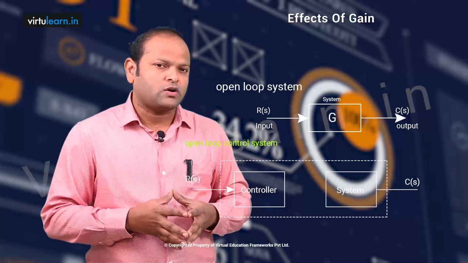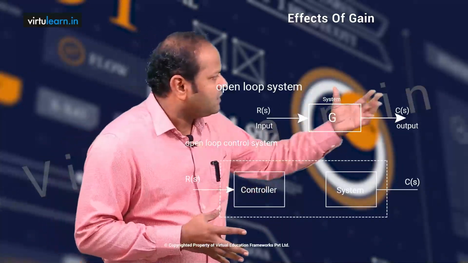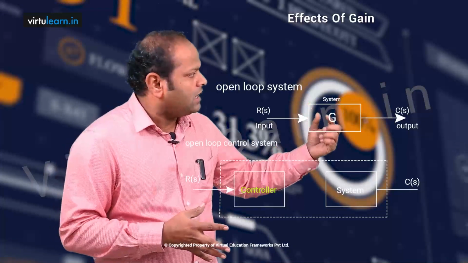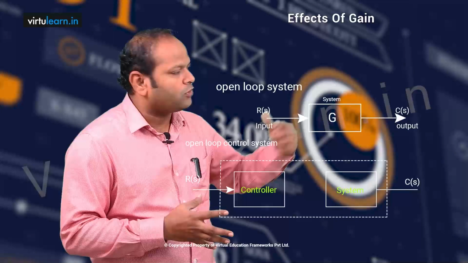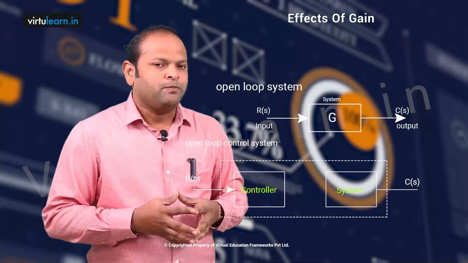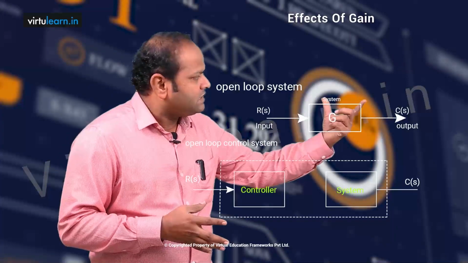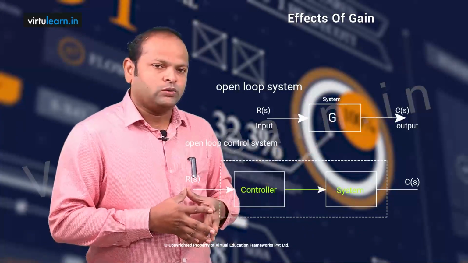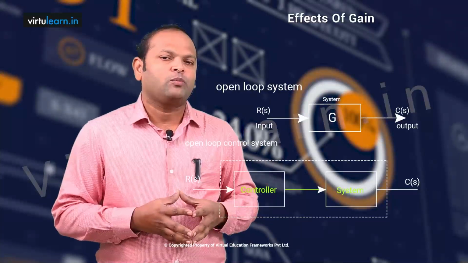When I say open loop control system, the controller is also part of my system. Then look at here. So this is a controller, and after that we have system, and input is given to this controller, and output we are taking from the plant as a system. So for analysis purpose, we can combine these two blocks and make it a single block G, which is my open loop block.